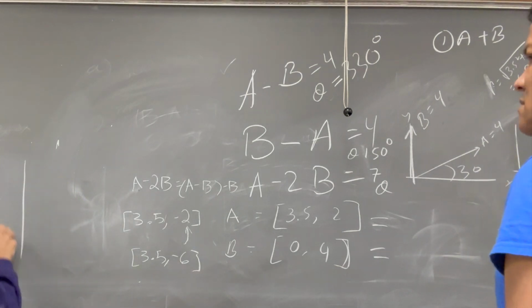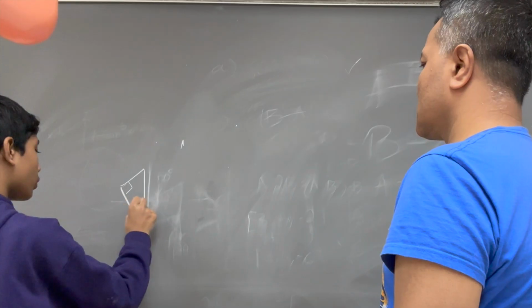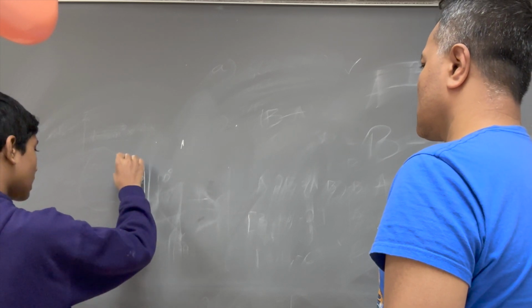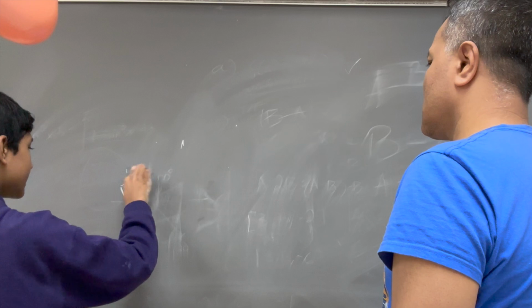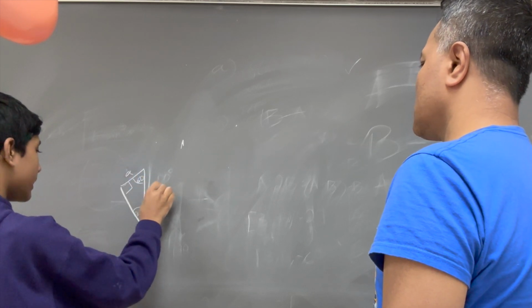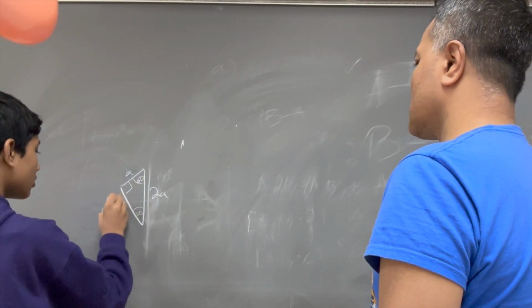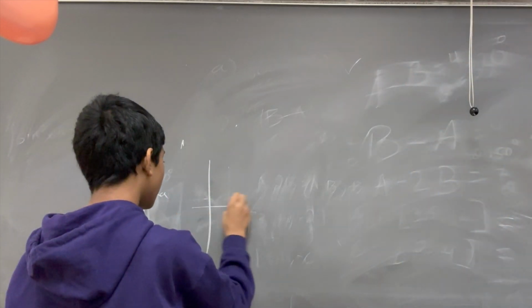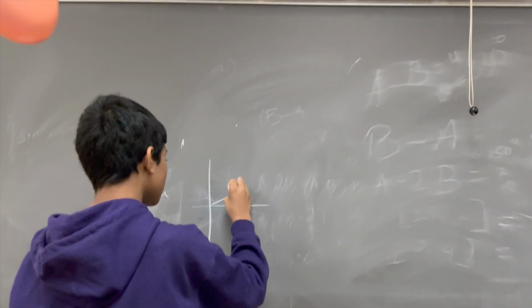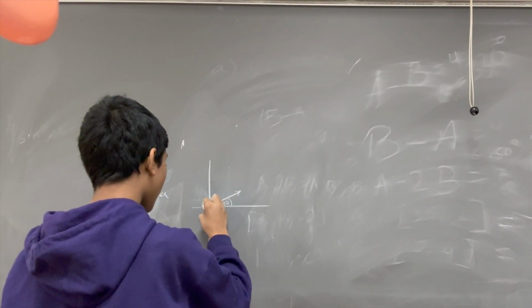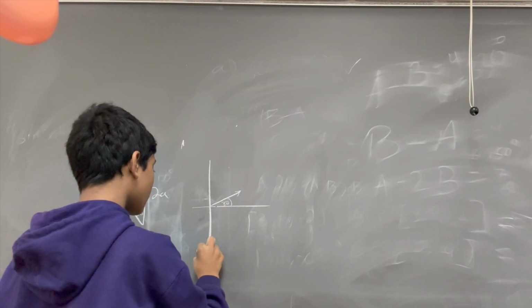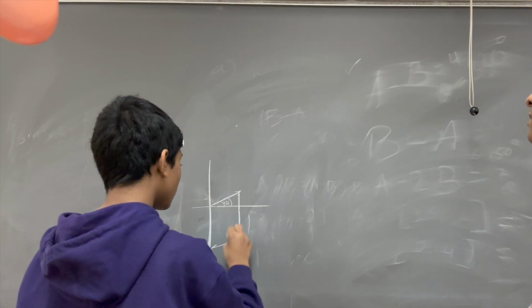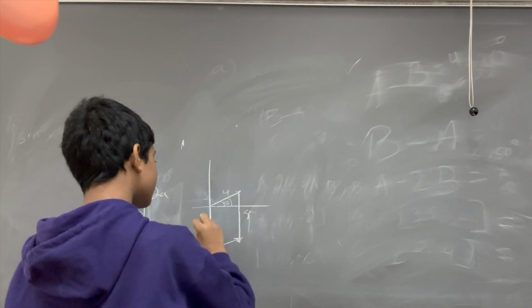So let's see if we can actually figure out the proportions of a 30, 60, 90 triangle. They are just this is a, this is 2a, and this is a root 3. So we already knew if we drew this diagram once again, this is 30, and of course the length of this is 8 and the length of this is 4.